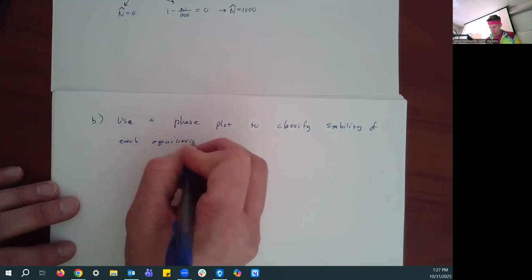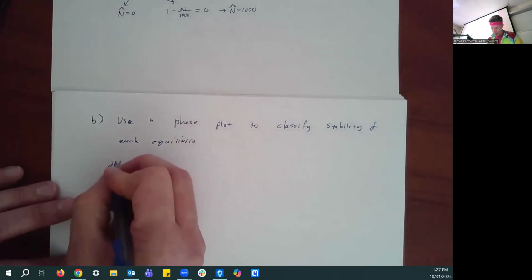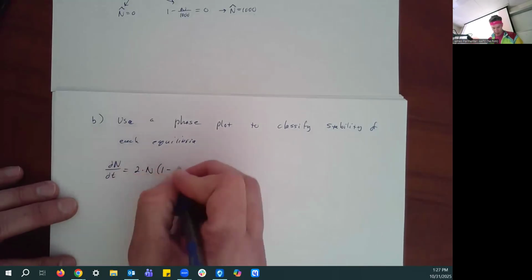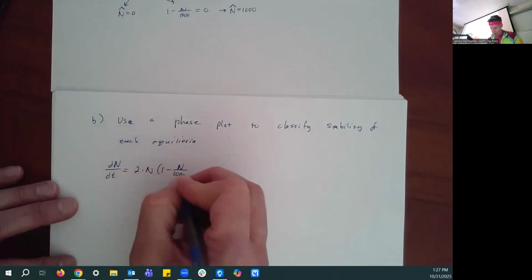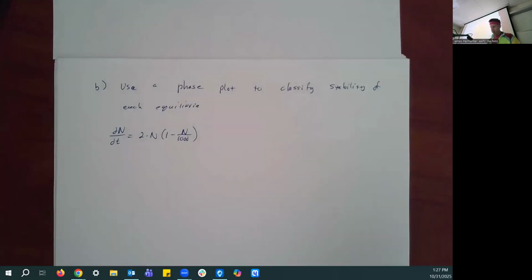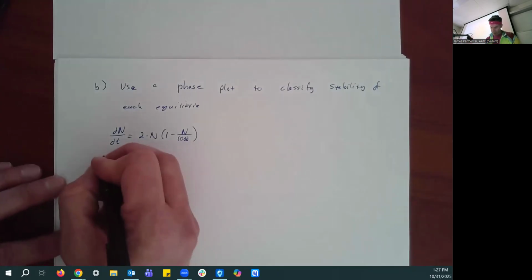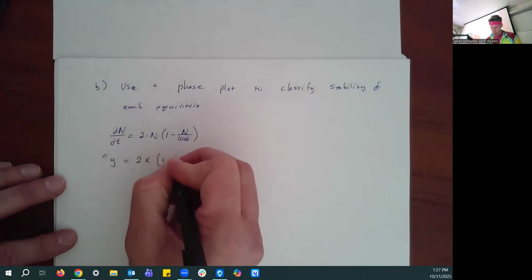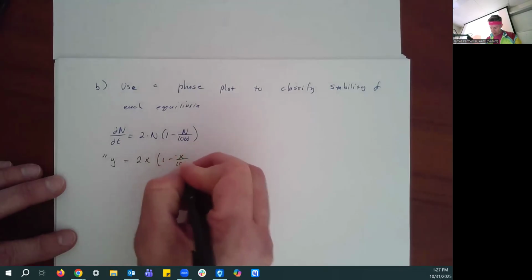Here's what we're going to do. We take our differential equation, dN/dt equal to 2 times N times (1 minus N over 1,000), and essentially think of it as graphing y equal to 2 times x times (1 minus x over 1,000).